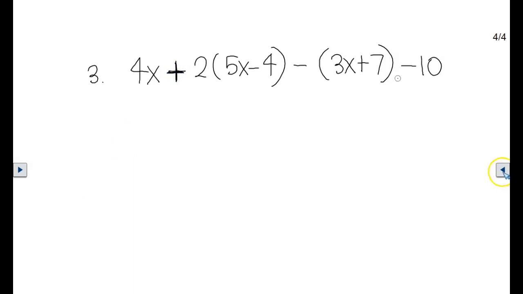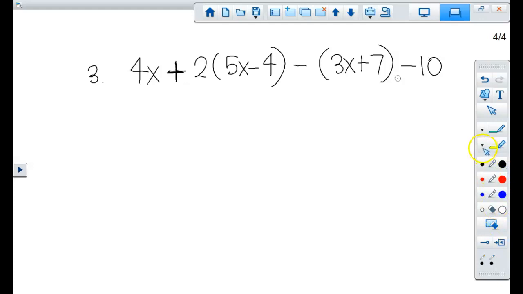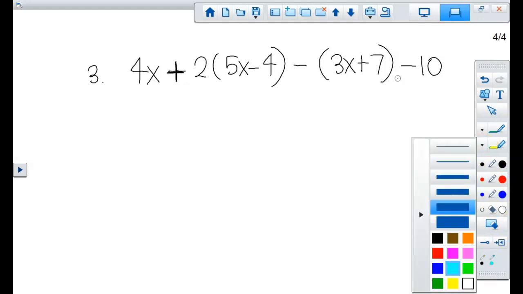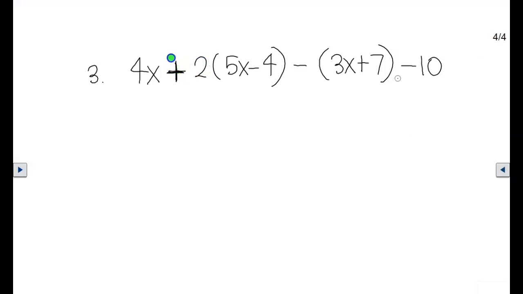All right, so on this problem, first thing I'm going to do is distribute if it's necessary. And I see that it is, because I have two sets of parentheses. So for the first set of parentheses, when I look right in front of it, I see this 2. He's going to get to keep this plus sign that's in front of him. So I'm going to distribute a positive 2 to that group.